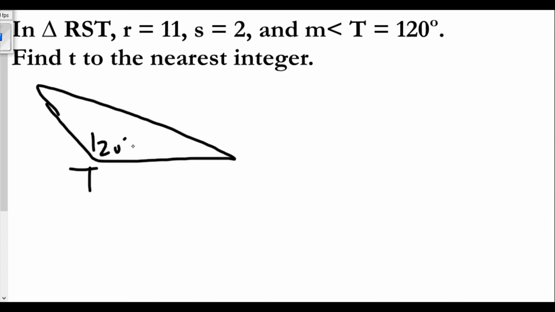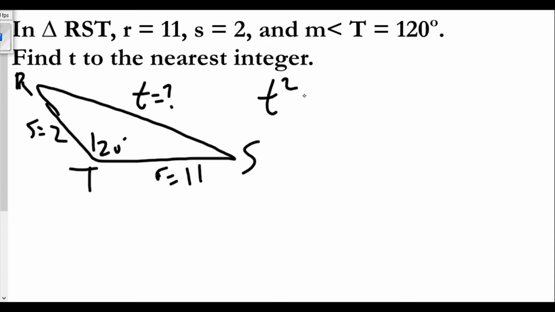And here is, so in this case, here's R, and this is S, again, not drawing to scale, so I apologize if it looks weird. Little r is opposite of angle R, so here's little r, that's 11, and little s is opposite of angle S, so here's 2. So we're looking for the measure of t.